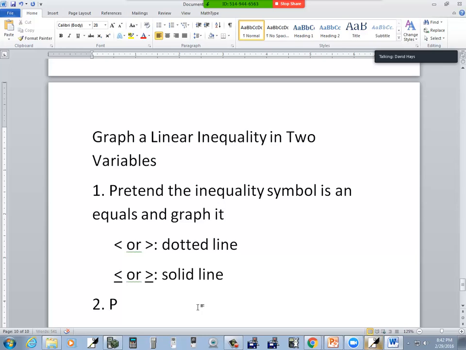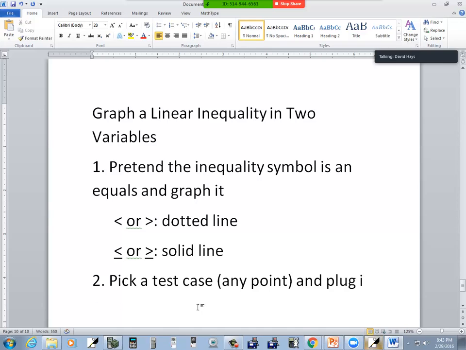Then step 2, pick a test case, any point, and plug it into your original inequality.